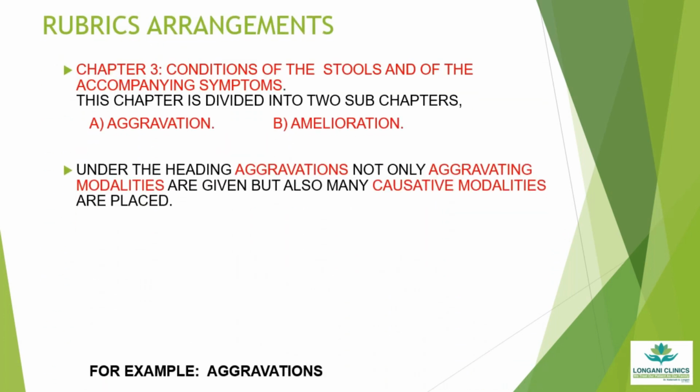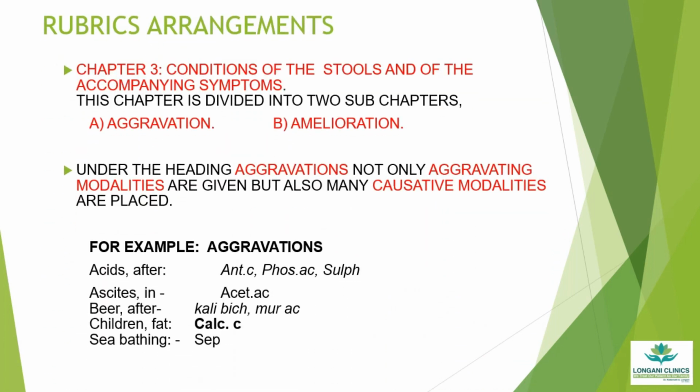Chapter 3. Condition of the stools and the accompanying symptoms. This chapter is subdivided into 2 subchapters. 1. Aggravation. 2. Amelioration. Under the heading aggravations, not only aggravating modalities are given, but also many causative modalities are placed.